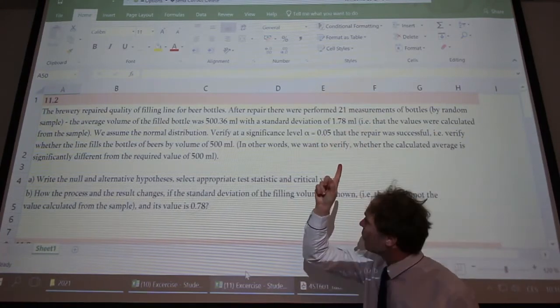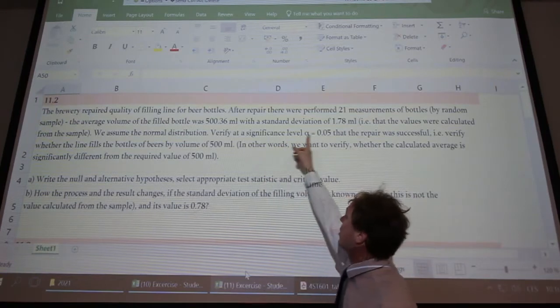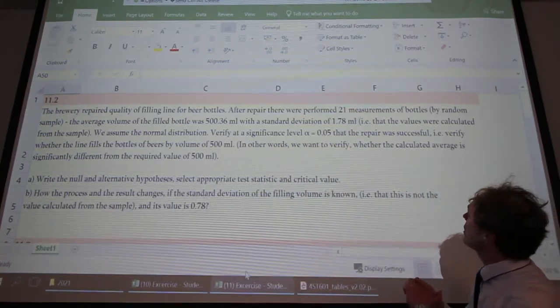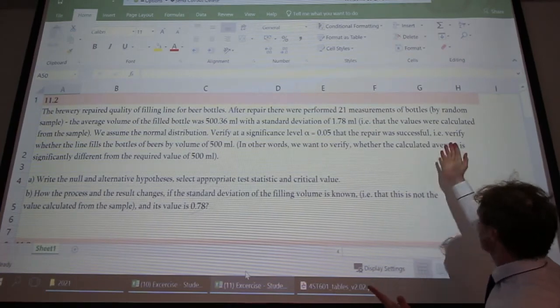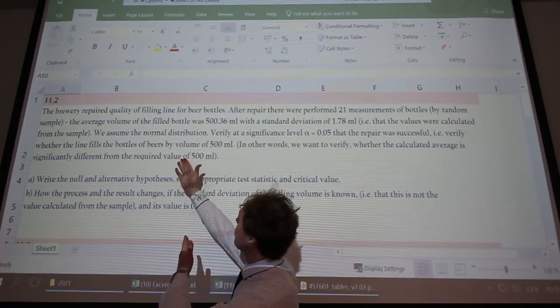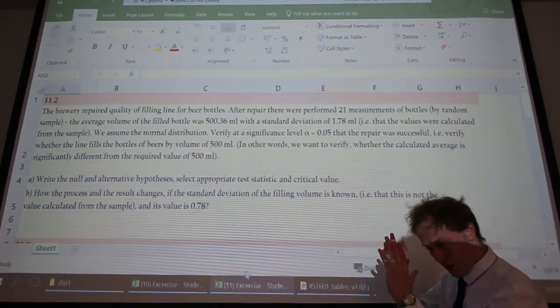We assume the normal distribution, and we would like to verify at a significance level alpha, today we will start using this name, significance level alpha equal to 0.05, that the repair was successful. It means we would like to verify whether the line fills the bottles of beer by a volume of 500 milliliters.